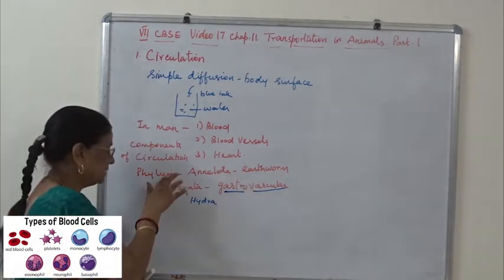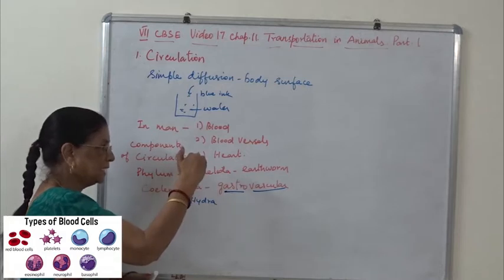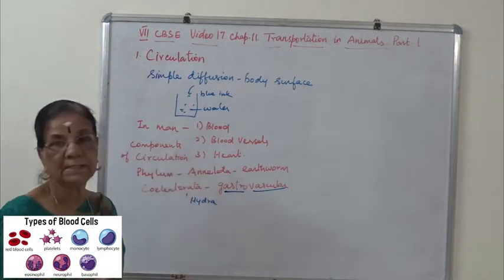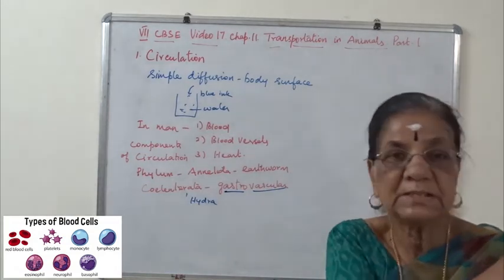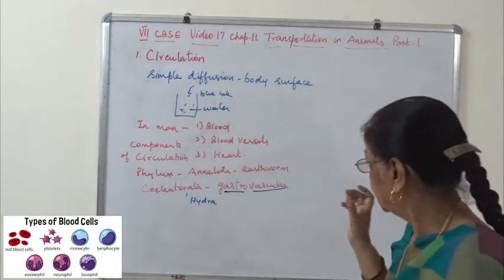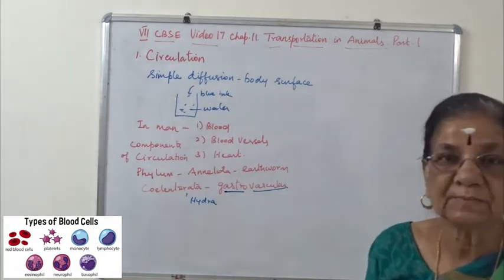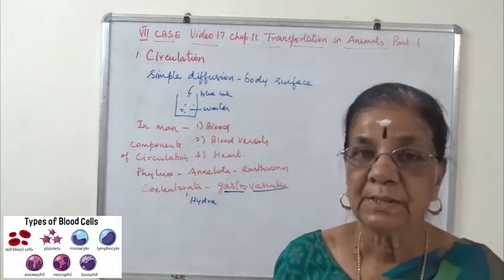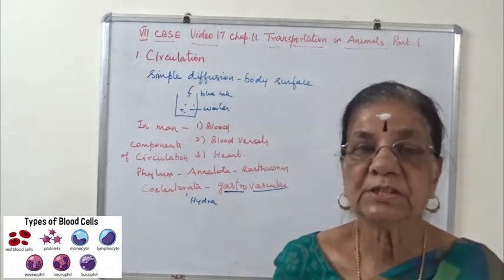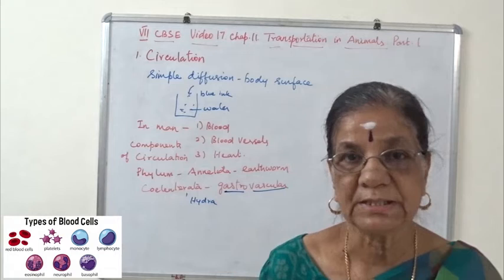Whereas in phylum Annelida, next higher, example earthworm, the first appearance of the heart is present. Heart as such will not be there, but it is a closed type of blood circulation.